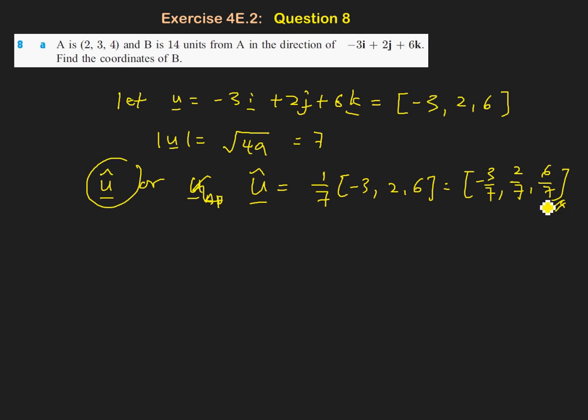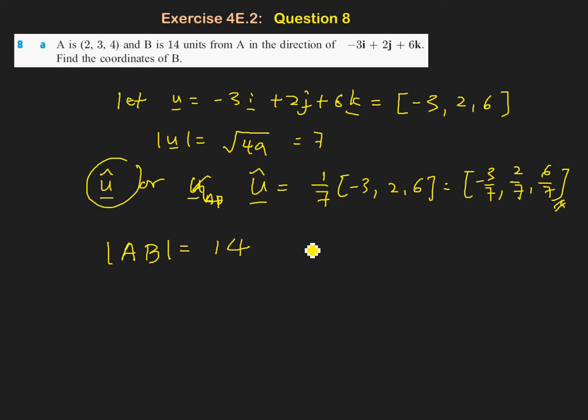And so what do we want now? Find the coordinates of B. So what we're talking about now is that the magnitude of vector AB is 14. But if we try to use the definition of magnitude, it is not going to be easy, as B could be anything.